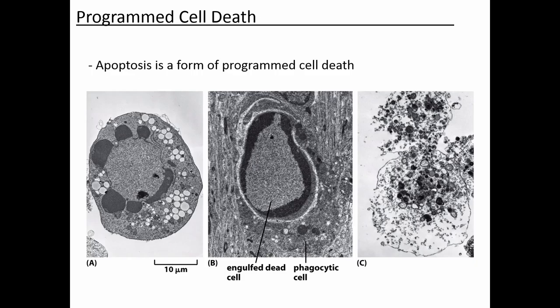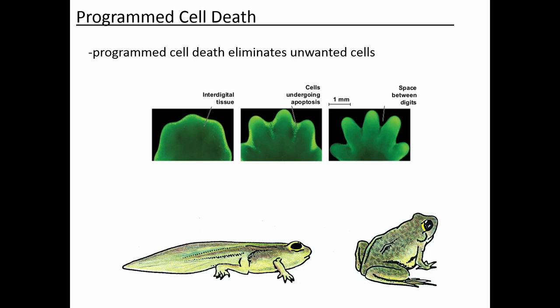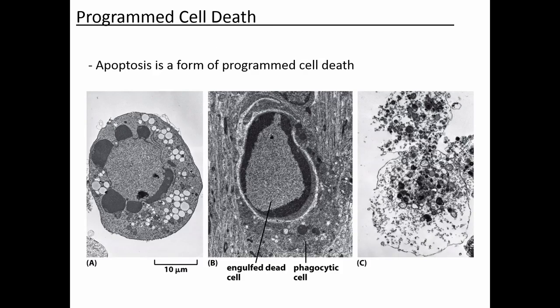Okay, the last thing, we're not going to go into any detail about it, and we've already described it, but apoptosis is a form of programmed cell death. There is an apoptotic pathway inside the cell, and if this pathway is activated, the cell kills itself. You can think of apoptosis as a form of cell suicide.